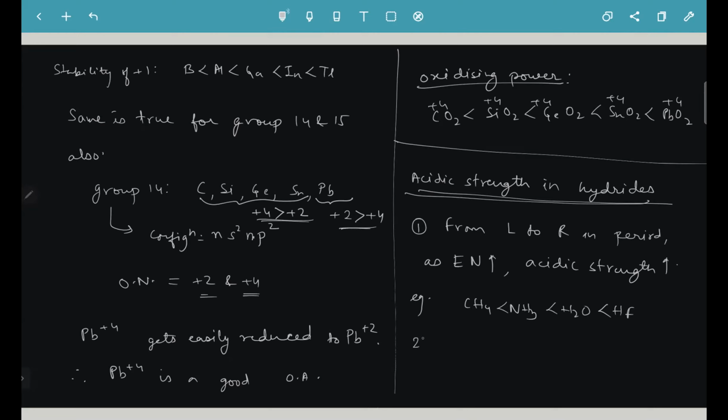And there is one more point. From top to bottom in a group, as size increases, acidic strength increases.